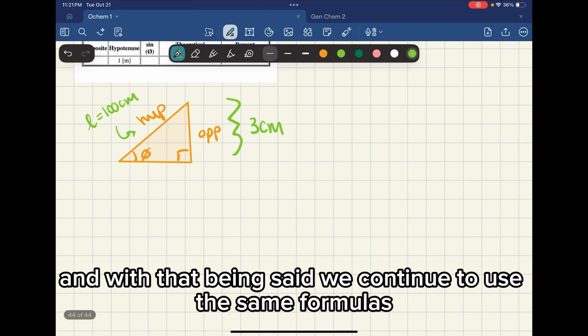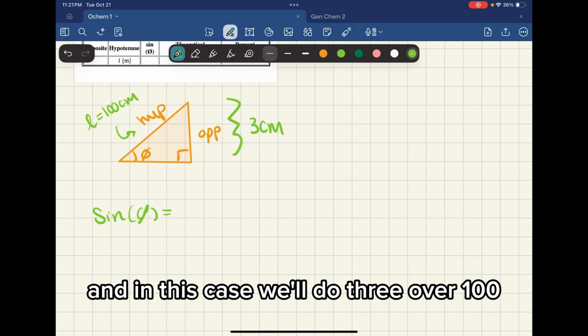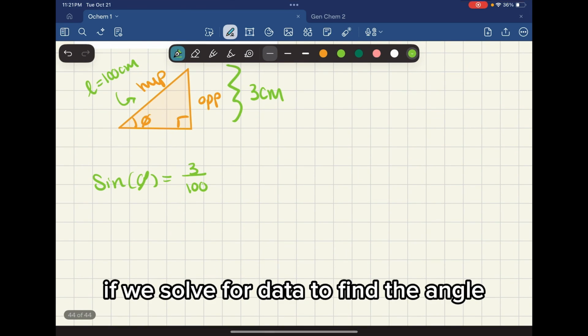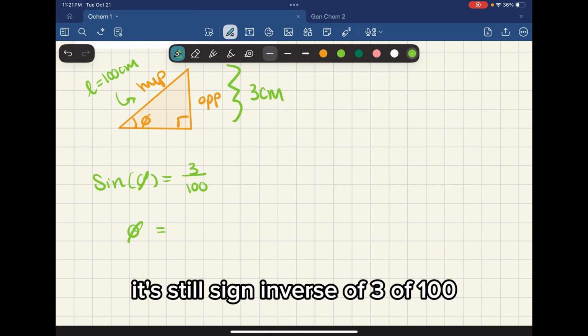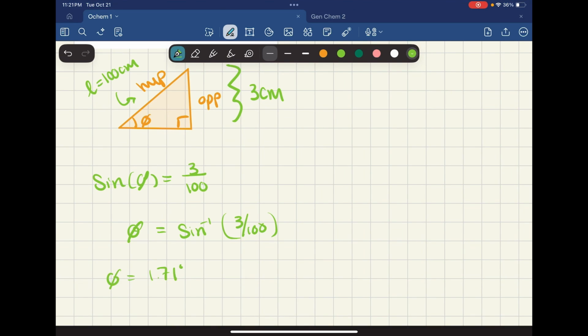And with that being said, we continue to use the same formulas where sine of theta is still equal to opposite over hypotenuse. And in this case, we'll do 3 over 100. If we solve for theta to find the angle, it's still sine inverse of 3 over 100. And then this gives us roughly an angle of 1.71 degrees.